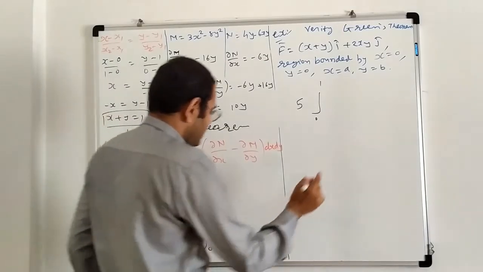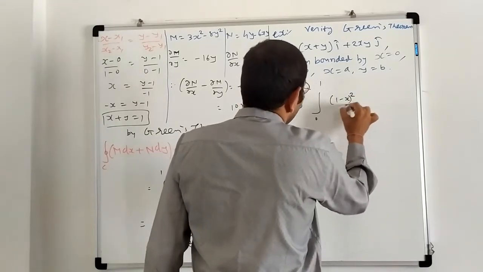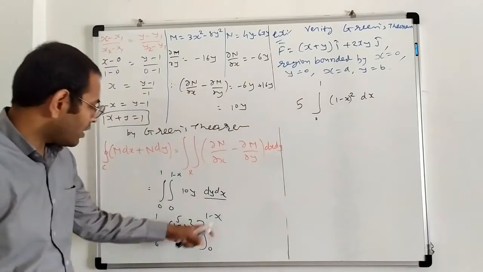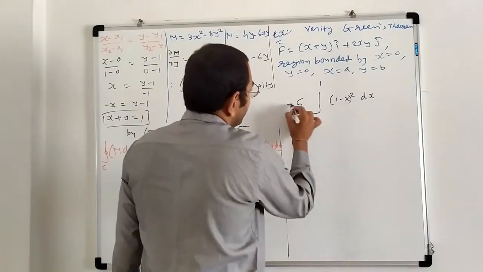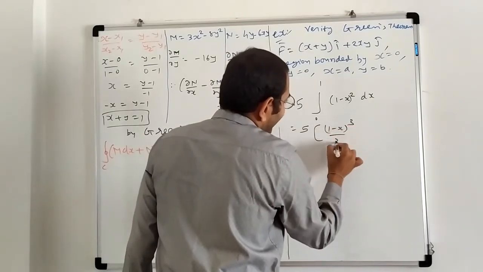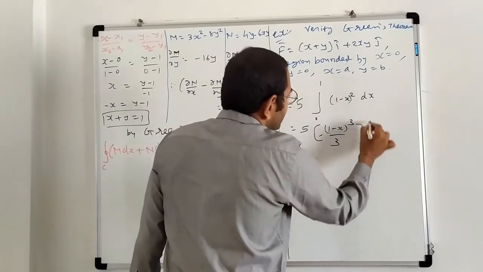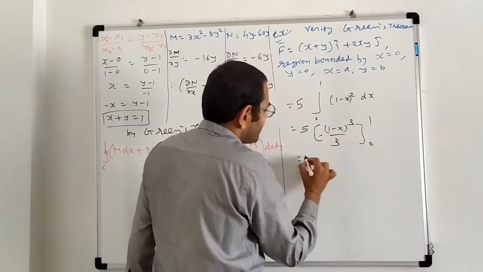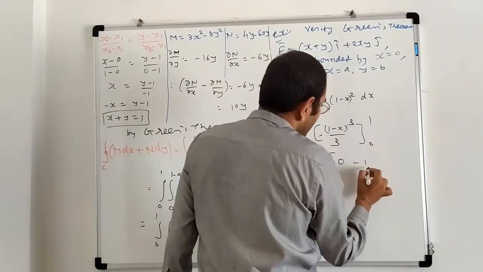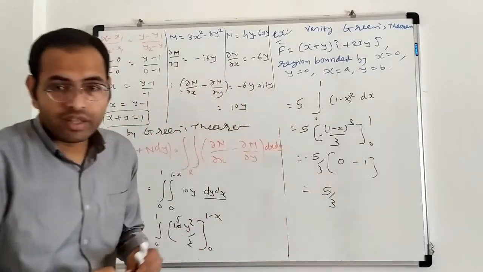Upper limit minus lower limit, then (1 minus x) whole square minus 0, dx. Then integrate again: 5 (1 minus x) cube by 3, with the coefficient multiplied with x, that is minus, 0 to 1, upper limit minus lower limit. Then minus 1 by 3, (1 minus 1) is 0, minus 0, then minus minus gives plus, and the answer is 5 by 3.